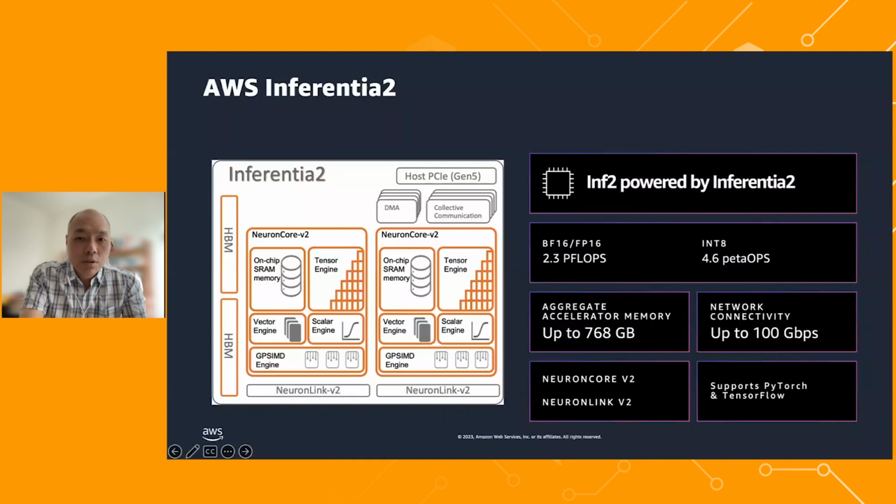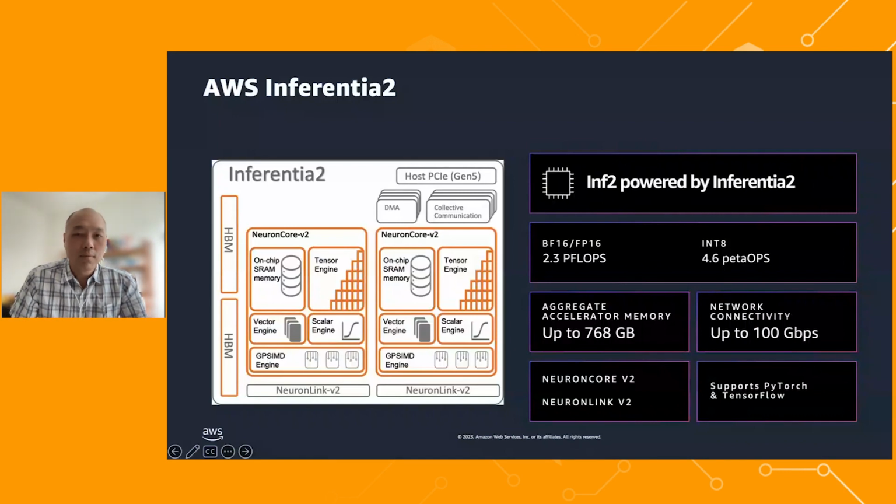And also, noticeably, we have NeuronLink v2, which, like I mentioned, is responsible for direct data movement between Neuron devices, from one Inferentia 2 chip to the next Inferentia 2 chip. This becomes very important for large language model inferencing, because the model is so large that you have to shard the model and spread it across multiple Inferentia chips.